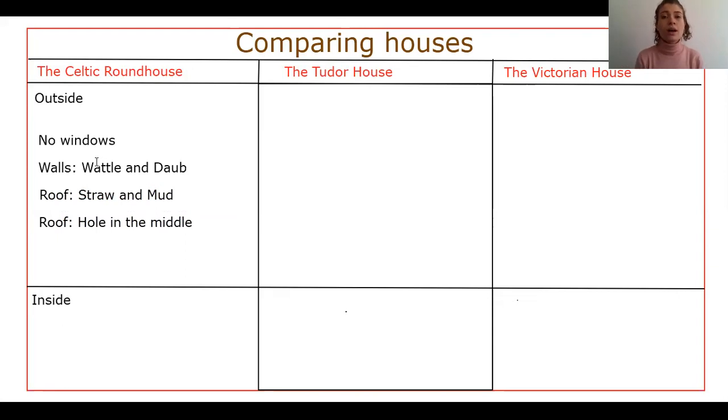So let's go now to the Tudor houses. Outside Tudor houses. So let me get my drawing here. The first thing, Tudor houses, the walls were made with wattle and daub, the same as the Celtic roundhouse. So let's write here walls, wattle, and daub. Great. That's the first thing.